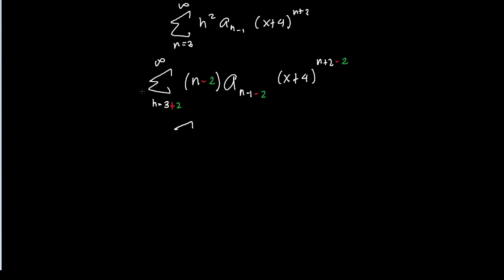So doing so and performing the necessary arithmetic, that's 3 plus 2 is 5, then n, sorry, this is squared, n minus 2 squared, a sub negative 1 minus 2 is 3, and that's x plus 4 raised to n.